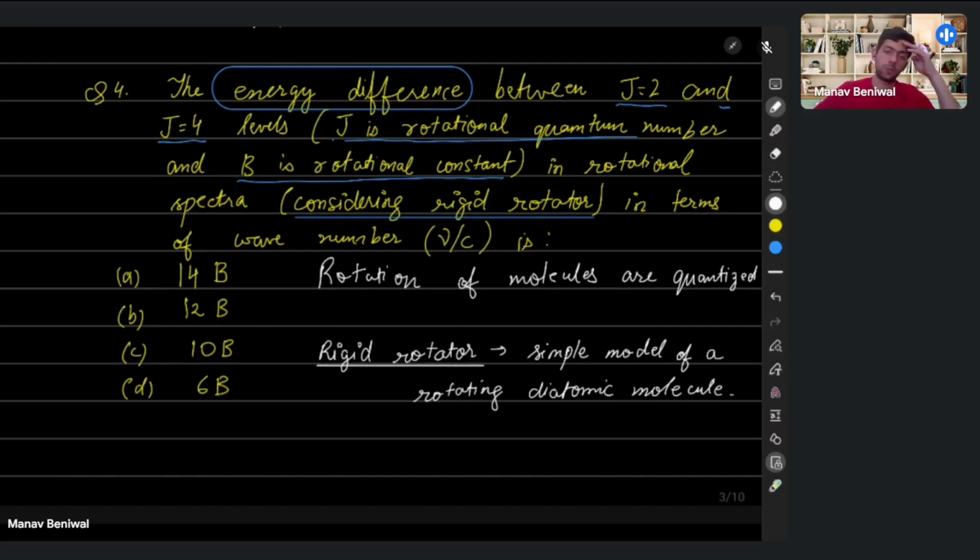So we assume that we have a diatomic molecule and the bond between them is rigid. Like this.